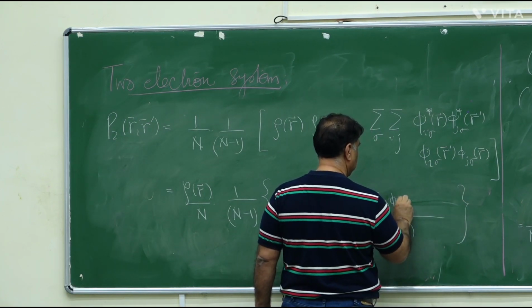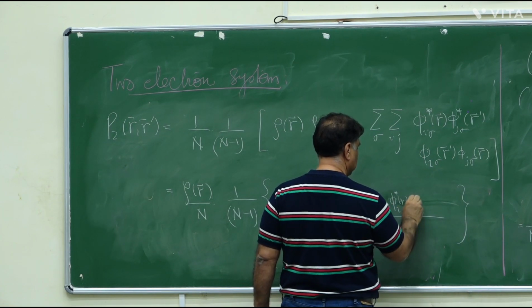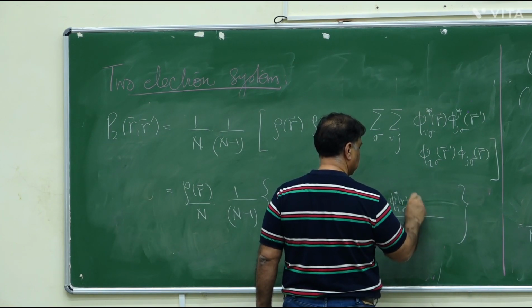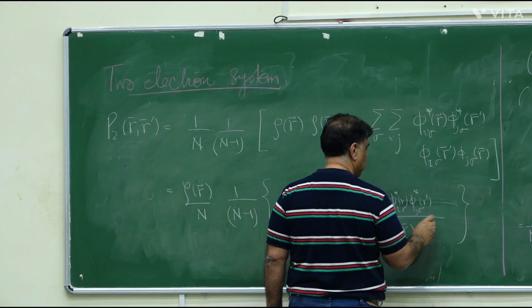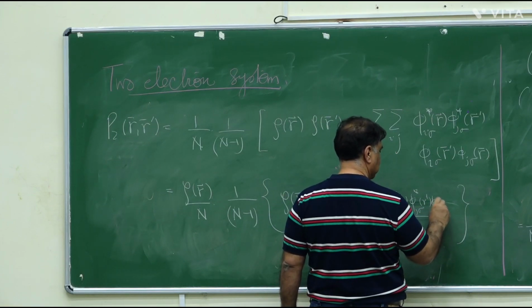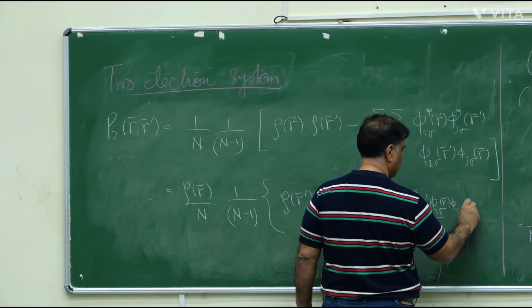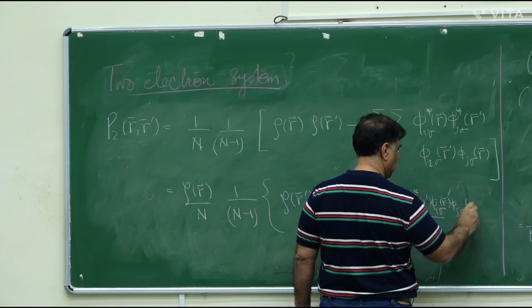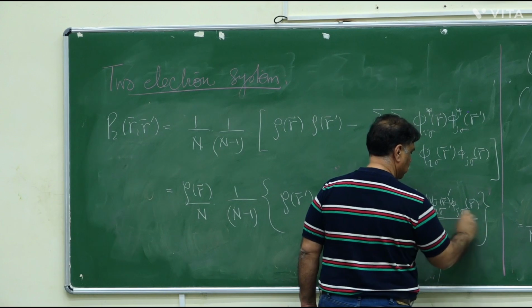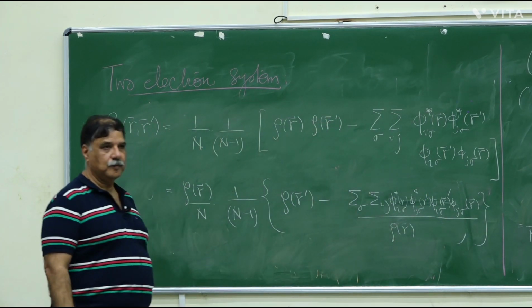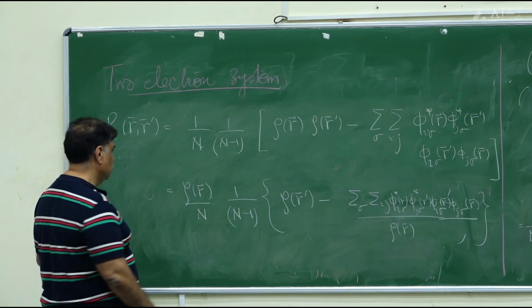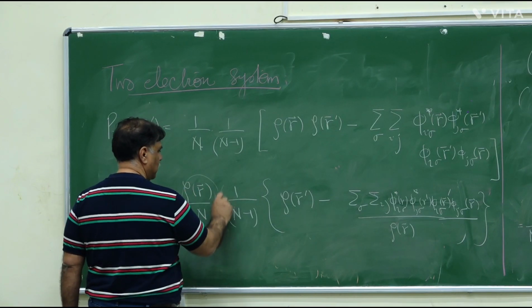Let's write this: phi_i r star sigma, phi_j sigma star r prime, phi_i sigma r, phi_j sigma r prime. Okay? So, this.